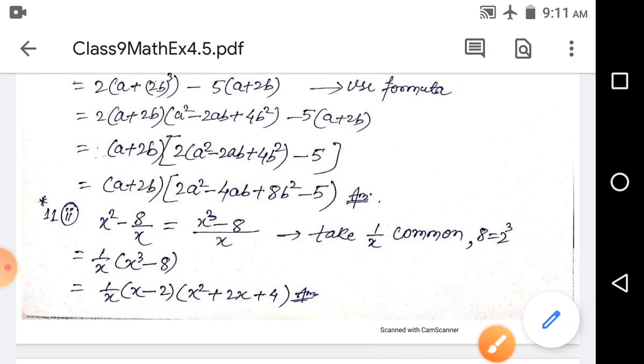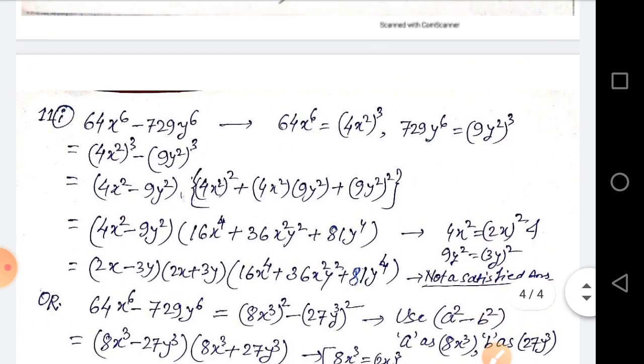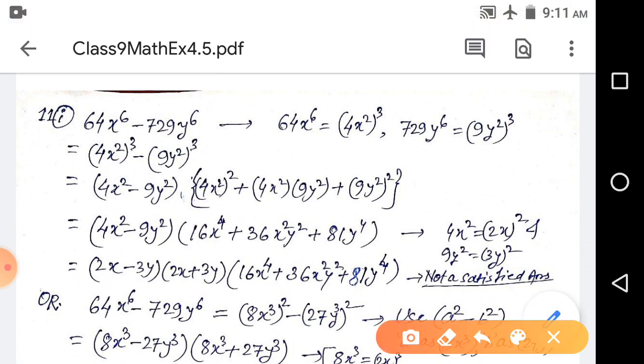Now go to the next, it is 11 bit 2. So here we have solved question number 11 bit 1. See the question here, 64 x to the power 6 and 729 y to the power 6. 64 x to the power 6 can be written as 4x square whole cube, because 64 is a cube of 4 and x square into 3 is x to the power 6.